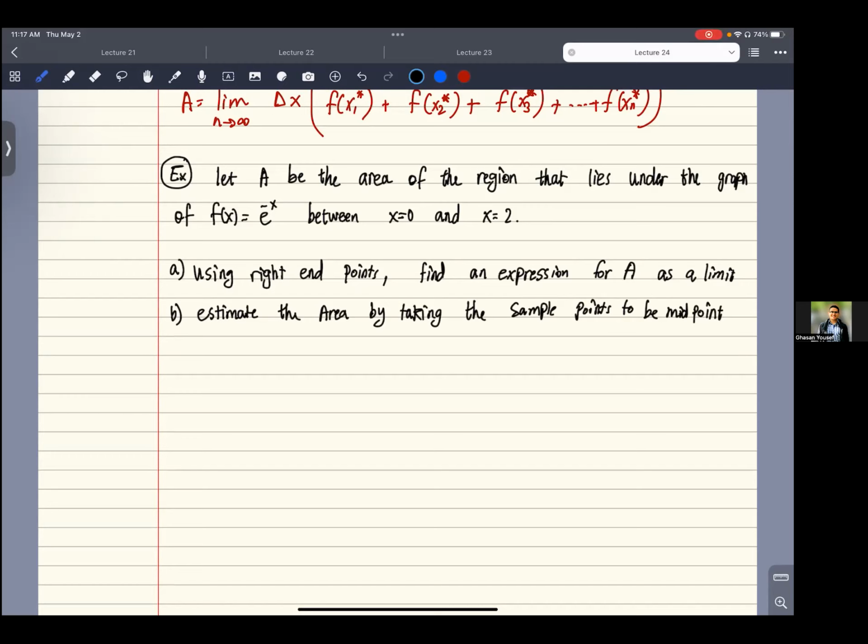Do you know the formula for the midpoint? If I give you an interval and ask you what's the midpoint, can you give me the formula for the midpoint?